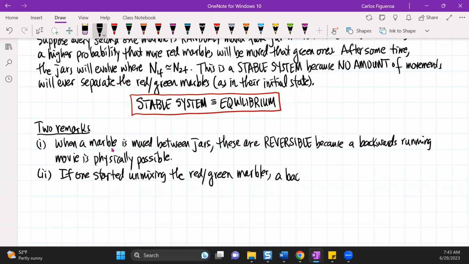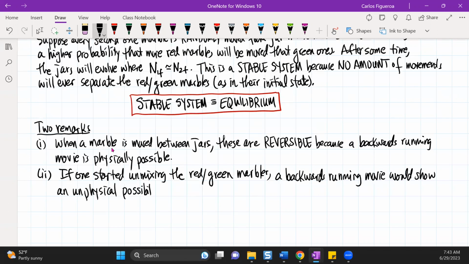A backwards running movie would show an unphysical possibility. And that's what we mean by irreversible.